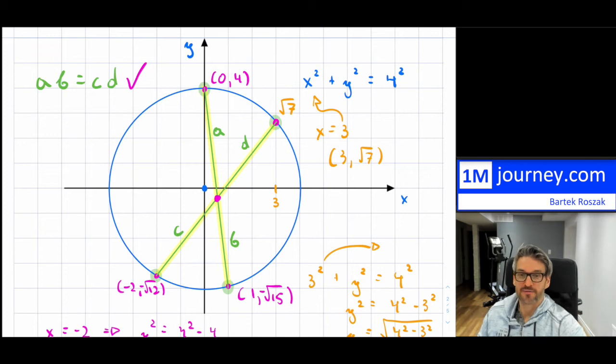Now to make our life a little bit easier, you can keep the radicals, but I'm going to take the square roots and round to a certain number of decimals, which will make it easier to create the actual lines. Because what I need next is the lines, going from (0, 4) to (1, negative square root of 15).